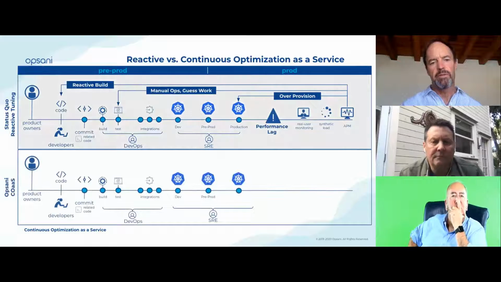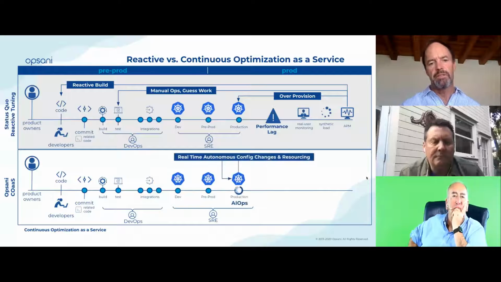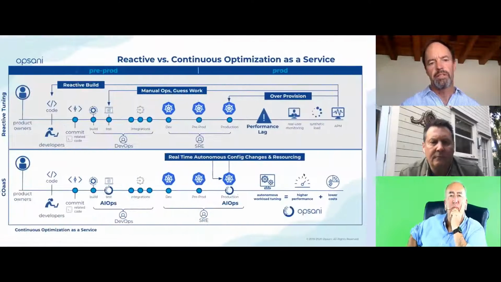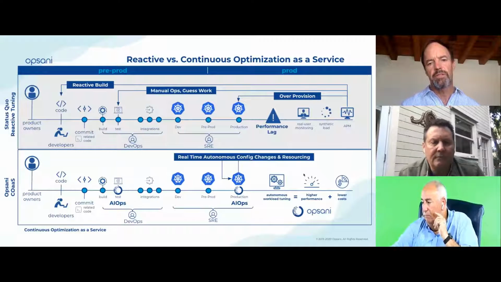In our world, when you talked about continuous optimization, we're in the actual runtime environment, and we are reading the performance metrics of the application, feeding that into our autonomous configuration changes system that is actually on the fly, in real time, making these configuration changes to the application to ensure that you get the higher performance, you get the lower cost, you get the higher availability, and that's the huge benefit.